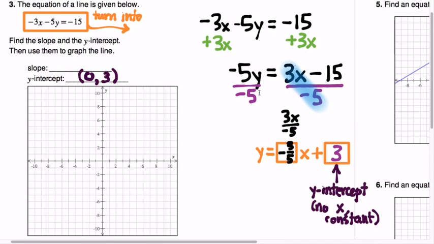So we can place one point right there at (0, 3), and know that point belongs on the graph of our line, because the y-intercept, according to our equation over here, is 3. Great, so that's one important thing that we won.